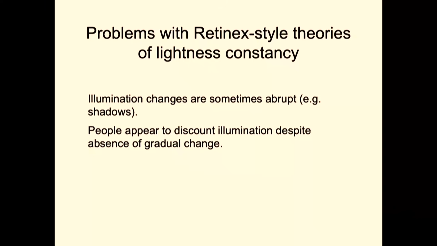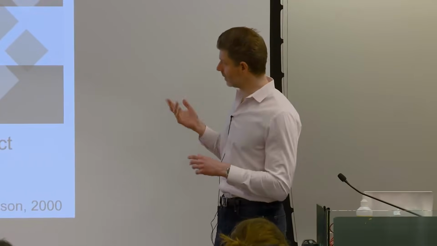Evidence that Retinex is incomplete as an explanation of lightness perception comes from the fact that humans appear to discount illumination despite the absence of gradual change in some cases. There were early illusions from the 70s that seemed consistent with Retinex, and then there was another wave of illusions in the 90s and 2000s that revealed the limitations.